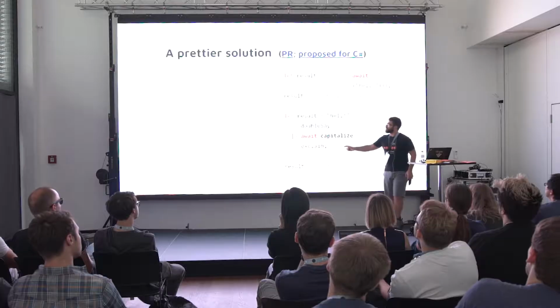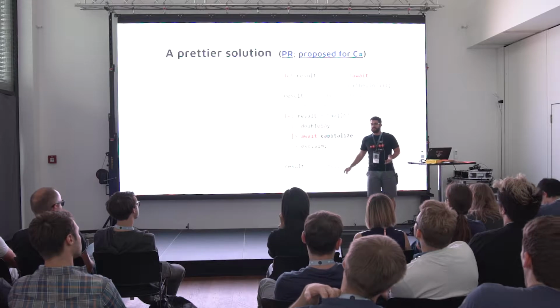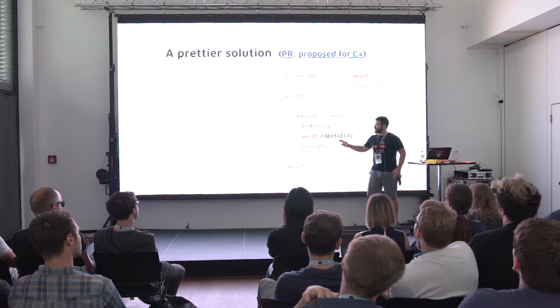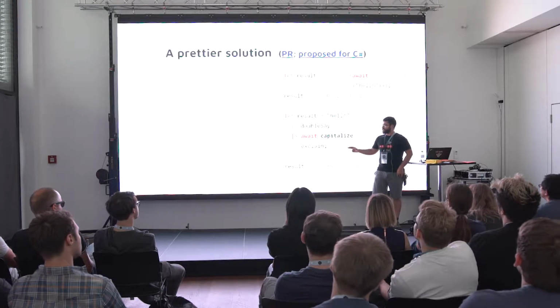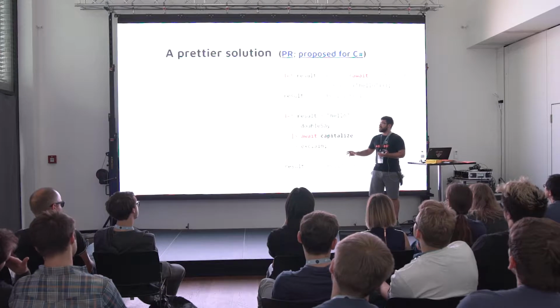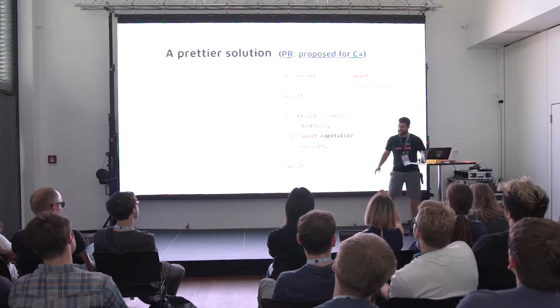So there are a few different proposals that we're considering for how to solve this. One is that you would put the await here. We would have await capitalize be something that you could put in the pipeline, and that would mean that you want to await the results of capitalize.